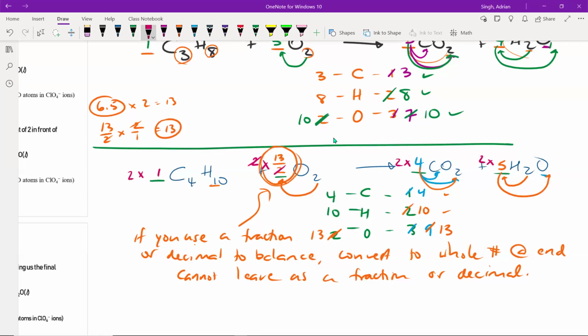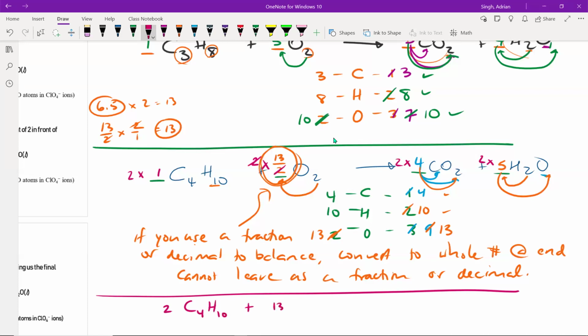Remember, 1 is understood to be here in front of the C4H10. So what I end up with then, as my new coefficients, is 2 C4H10 plus 13 O2 to give 4 times 2, which is 8 CO2 plus 5 times 2, which is 10 H2O.